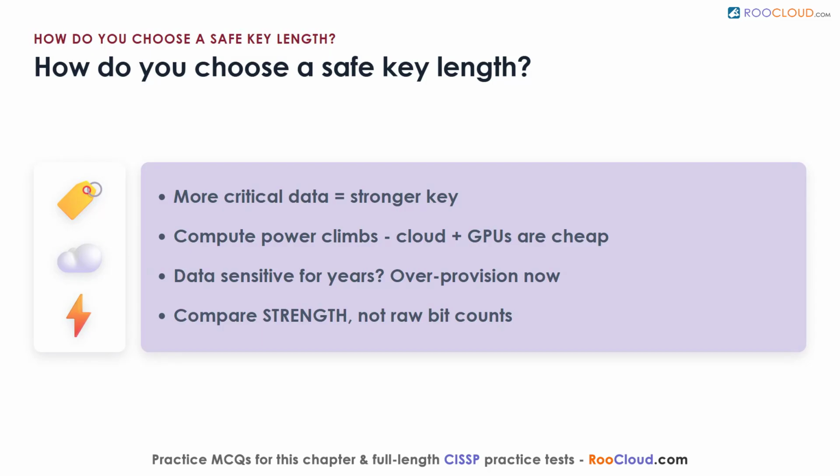Attackers also rent scalable cloud power and cheap graphics processors by the hour, putting serious muscle within easy reach. If your data will still be sensitive years from now, over-provision the key length now. And remember that equivalent strength varies by system. A short elliptic curve key can match a much longer RSA key because each algorithm uses its key material differently. Compare strength, not raw bit counts.